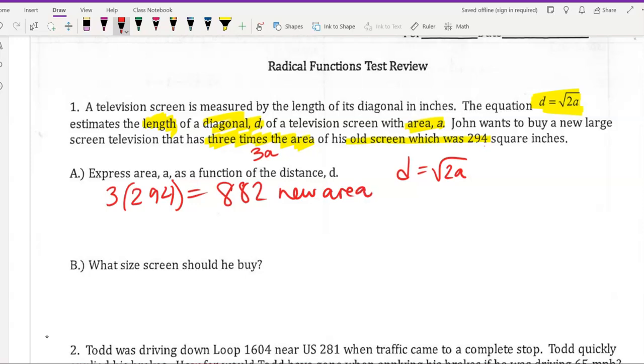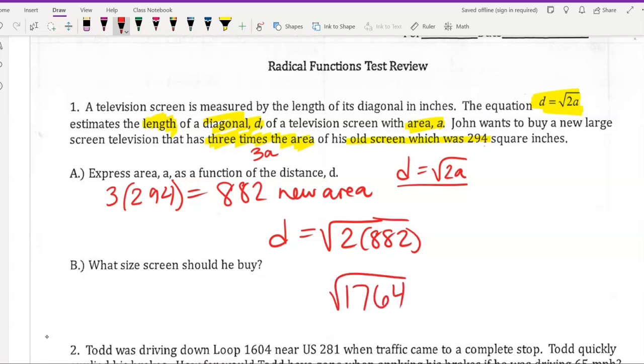All right. And if this is our formula, d equals the square root of 2 times 882, well, we can say 882 times 2. And what is the square root of that, you ask?